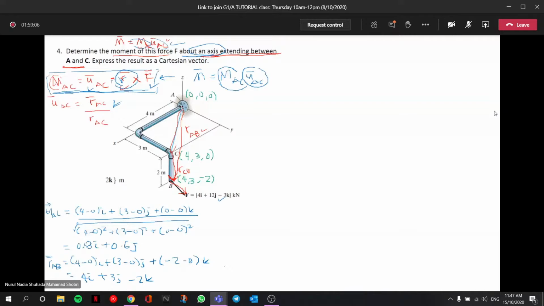Okay, so this is the value of R vector AB. We already have this value and this value, so we can directly plug in the values to find the moment MAC. For the first row, you fill in with U first, this value.